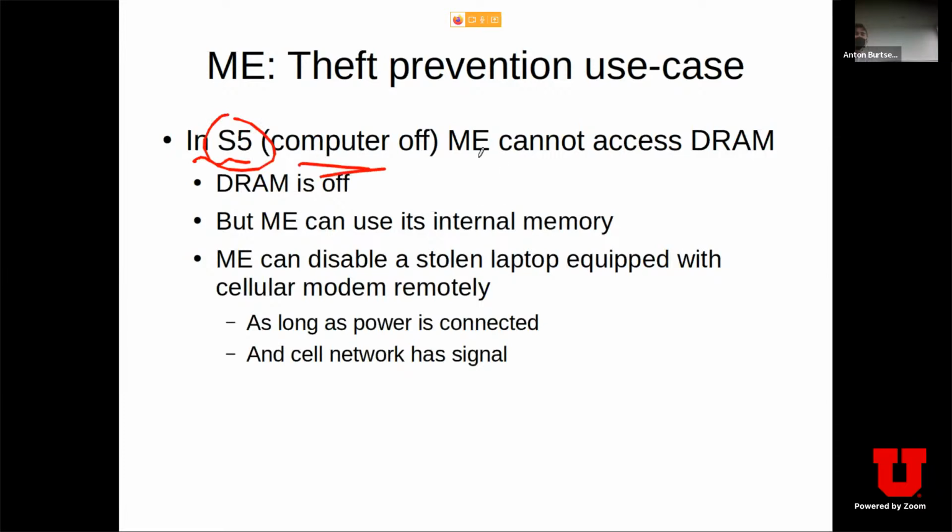Computer is off. ME cannot access the DRAM because DRAM is off, right? Because we powered off, right? But it has its own memory, right? And it has a connection to a network. And if my laptop has a cell modem, I can remotely, if my laptop is stolen, send a kill signal. And since ME controls the boot chain, my machine will never boot again, right?